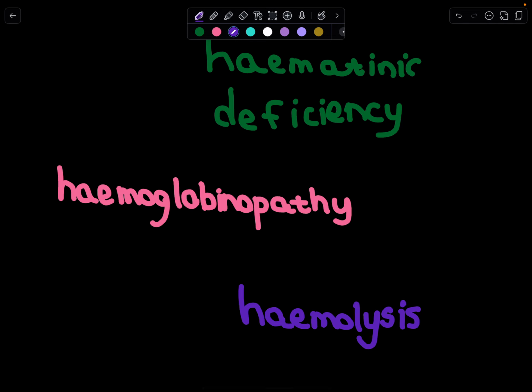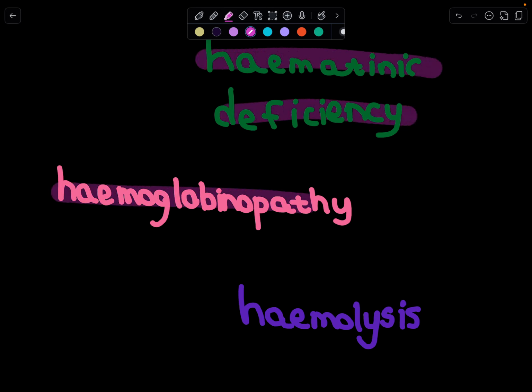And how does hematinic deficiency relate to microcytic, macrocytic, hypochromic, anisopoikilocytosis? And how does hemoglobinopathy relate to target and sickle cells? How does hemolysis lead to polychromasia? Hematinic deficiency ties to microcytic anemia, where iron deficiency makes red blood cells small, often hypochromic, meaning they're pale with less hemoglobin.